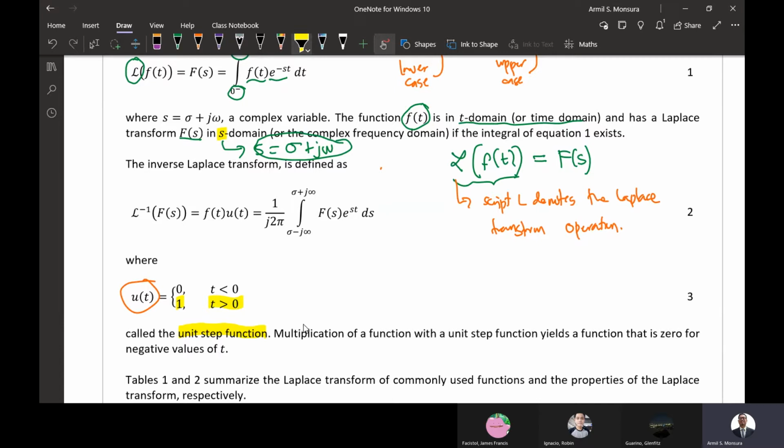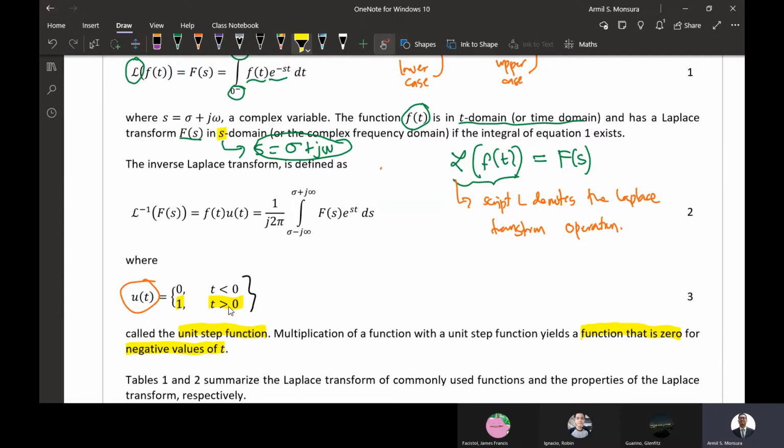So if you multiply any function with this kind of function, take note that the product would be a function that is 0 for negative values of t, because it is 0 when t is negative and 1 when t is positive.